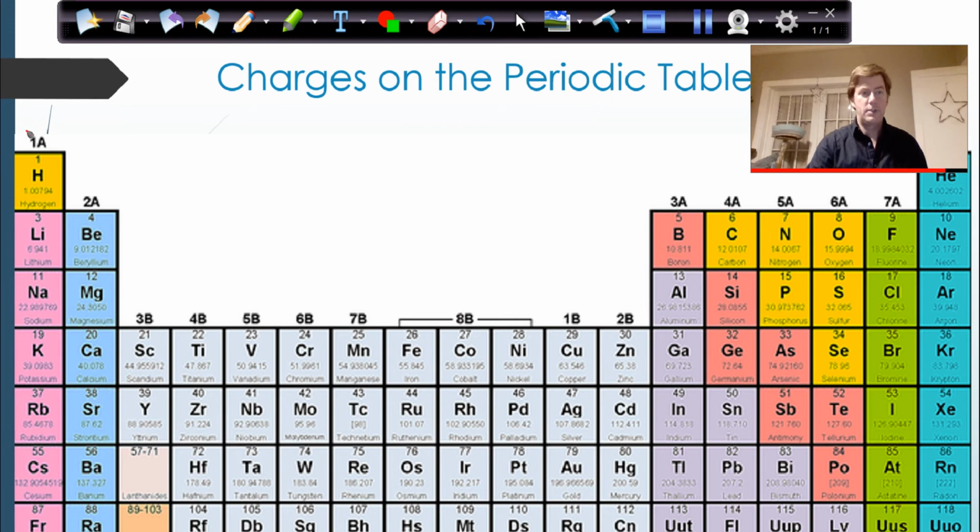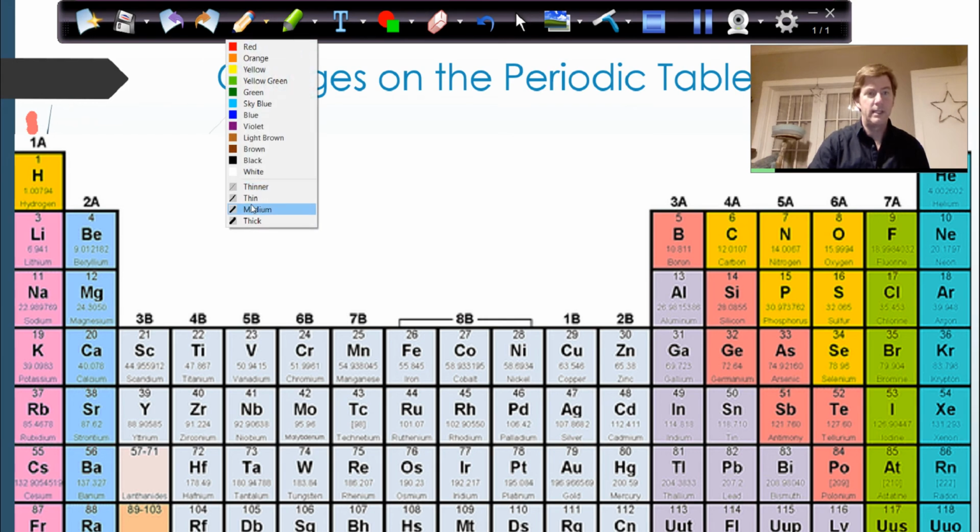So this is group 1, the alkali metals, and they all have one valence electron. So typically what happens with these is, instead of gaining 7, they're going to lose 1 electron, so they get a positive 1 charge.